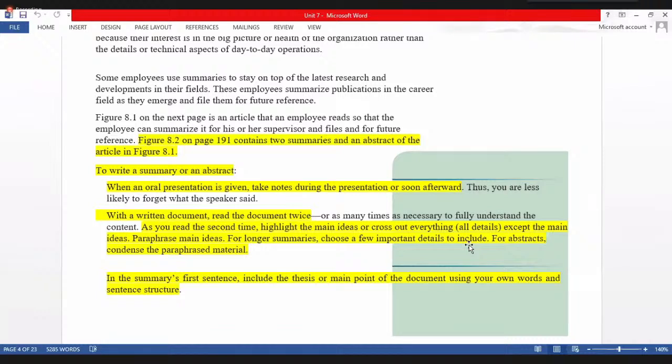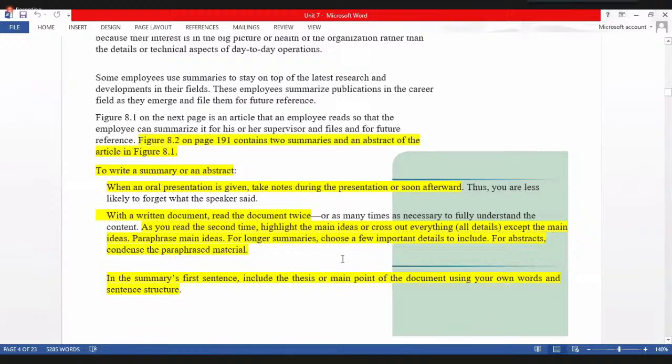Main points plus a few important details in a longer summary. Okay, that you have to do. For abstract, condense the paraphrased material. In order to write an abstract, what you have to do?